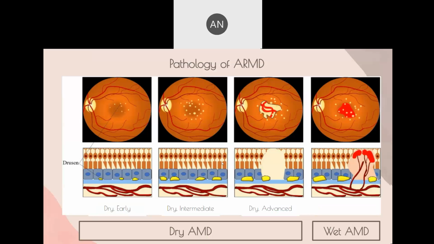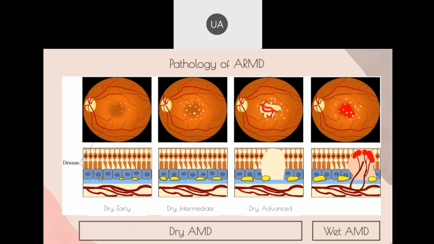Okay, this is the visualization on clinical manifestation and pathology of ARMD from the early to late stage. In early dry ARMD, we can see medium-sized drusen, and then in intermediate dry ARMD, we'll show the presence of large drusen, and in advanced dry ARMD, we'll show presence of geographic atrophy.